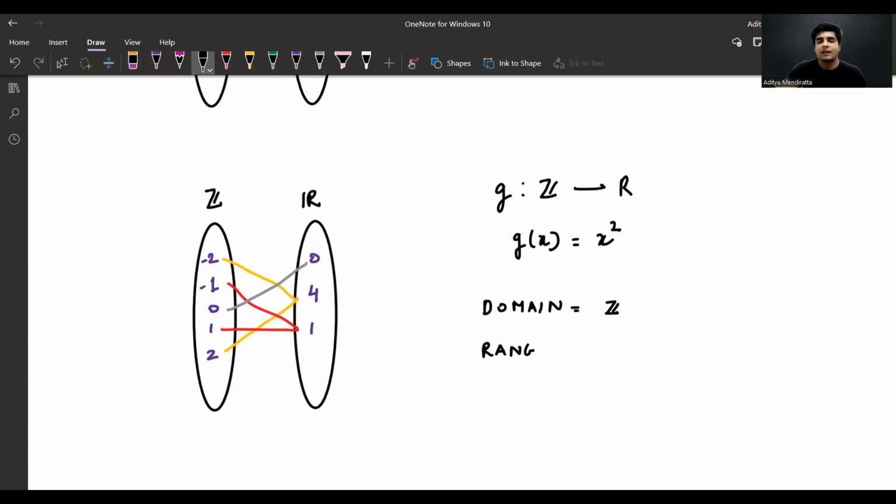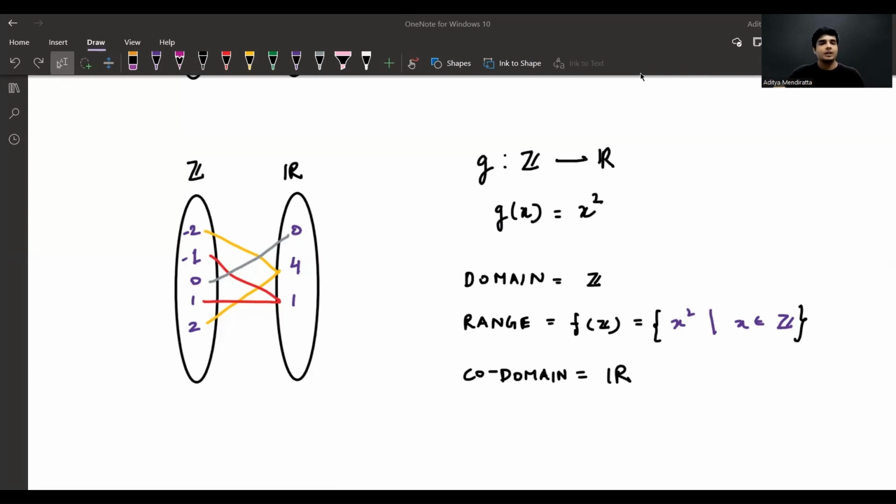If I have to define the range of this function, we define it like this: f of Z is x square such that x belongs to Z. Yes, this would be the correct definition of the range set. Then we have the codomain, which is already established. That is the set of real numbers.